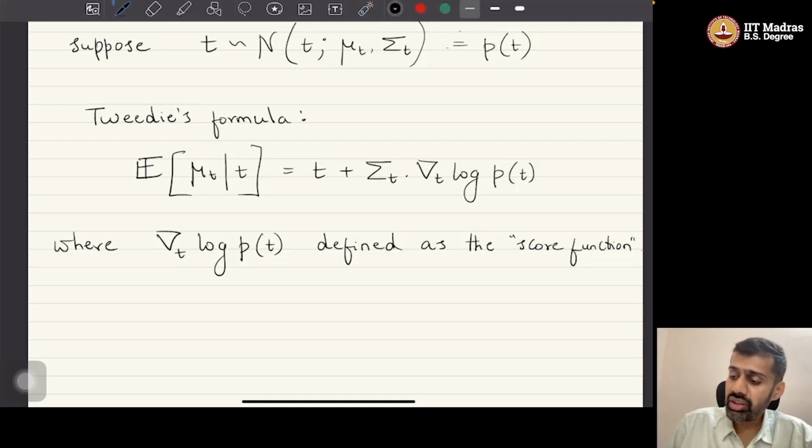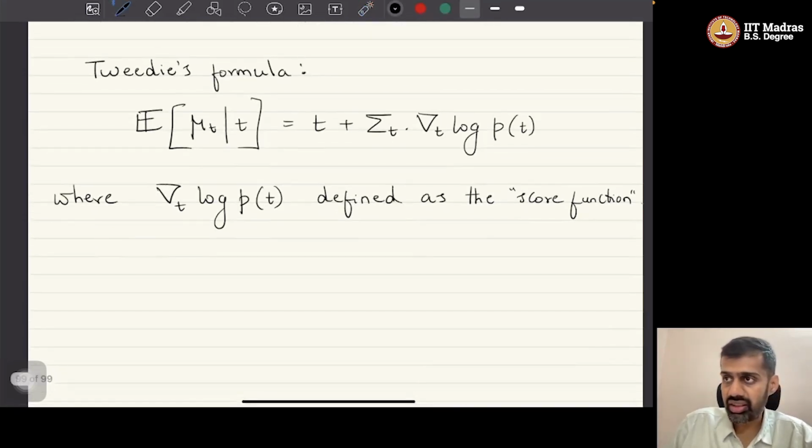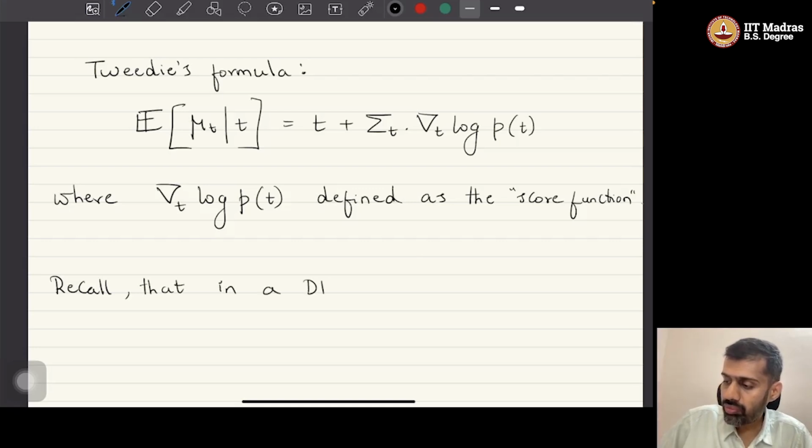Now why is this of importance in the current context? You recall that in the case of a DDPM, the distribution of the t-th latent variable or noise vector conditioned on the input is given by a normal distribution.